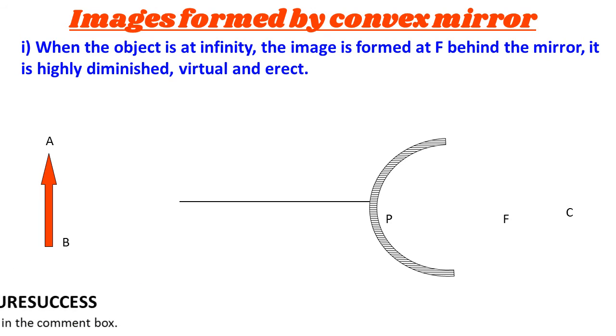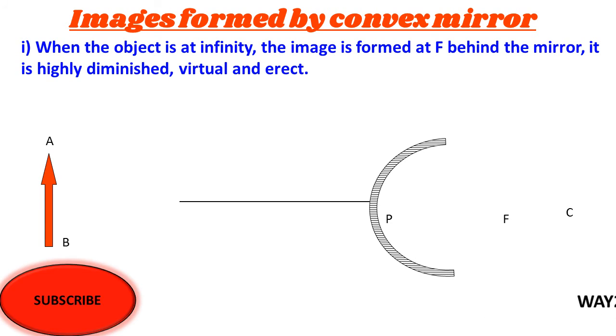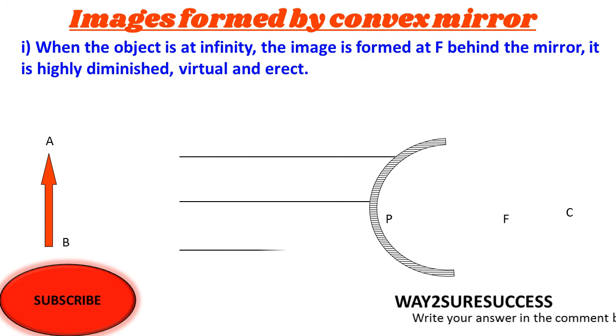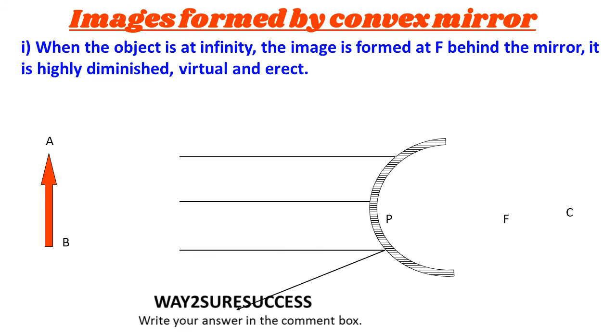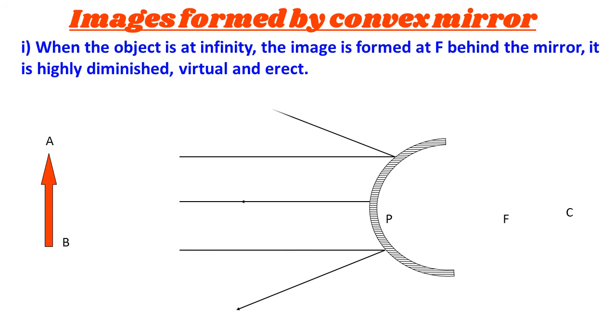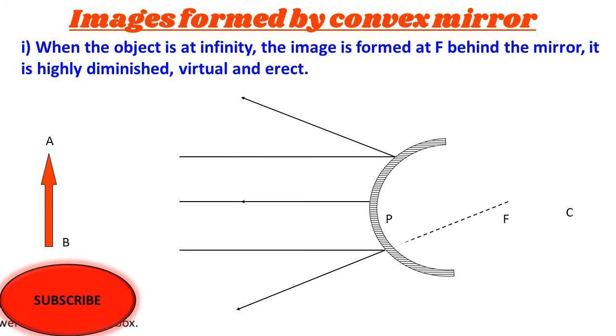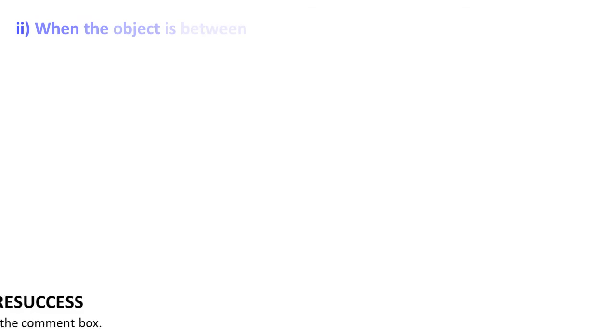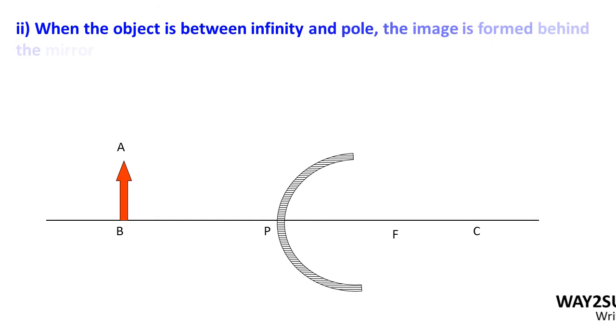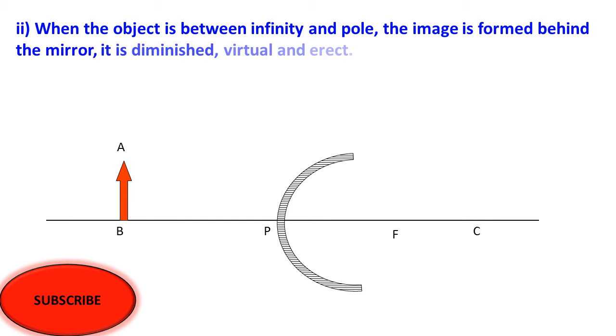On the other hand, in a convex mirror, a ray of light parallel to the principal axis after reflection appears to diverge from the focus. Second diagram, when the object is between infinity and pole.